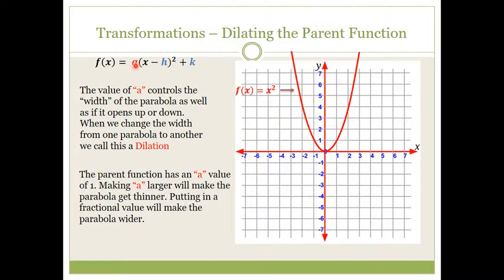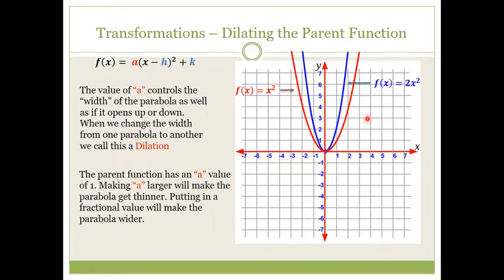It would make it skinnier. If you give me a value that is between 0 and 1, like some fraction, like 1/2 or 1/3 or 0.2, that takes us from the parent function and makes it wider.